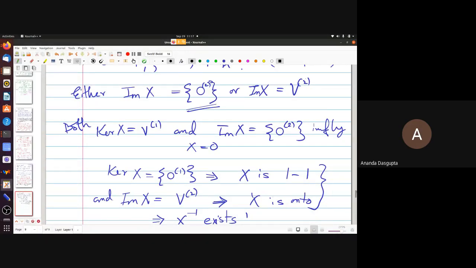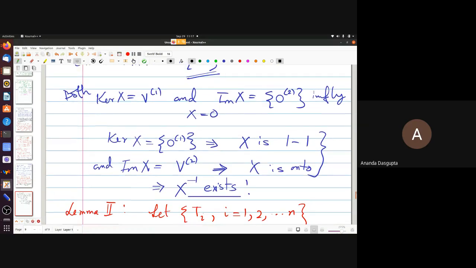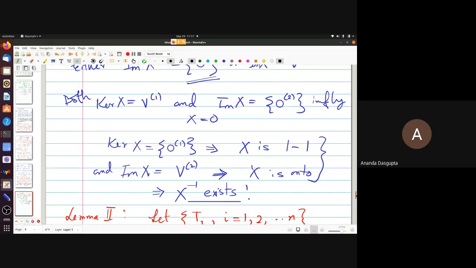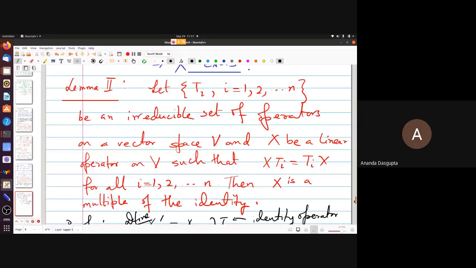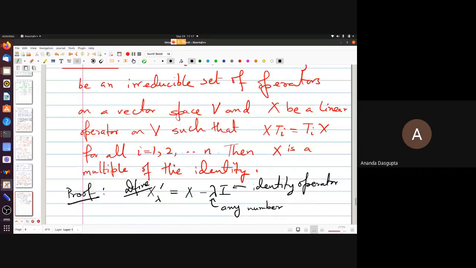Or, why not say or 0, by the way? Can't x be 0? This was our statement: then x is a multiple of the identity. Isn't it trivially true that if x is 0, then x also obeys this? 0 times t1 is t1 times 0.